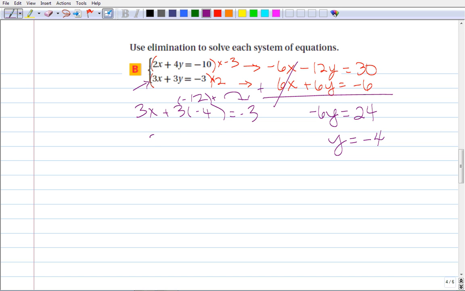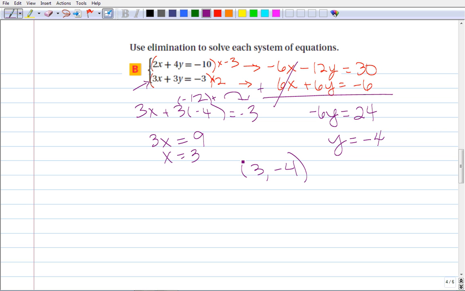So I have 3x equals -3 plus 12. We get 9. Whoops, 9. And then divide both sides by 3 and we get x equals 3. So then here we get the solution (3, -4).